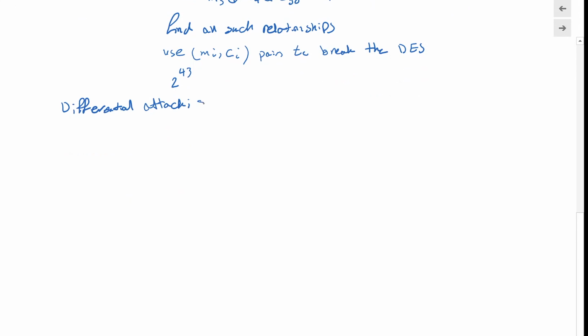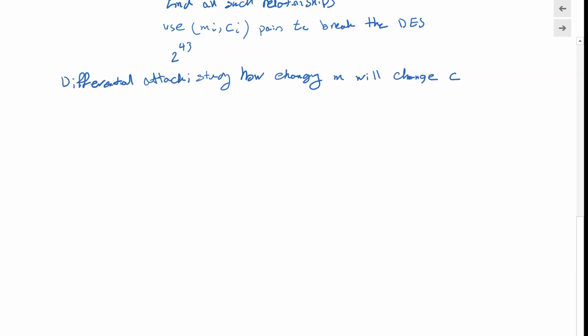The idea is to study how changing M will change C, right? Change the ciphertext.